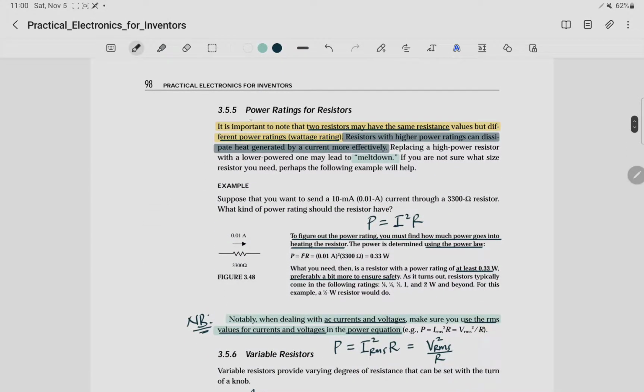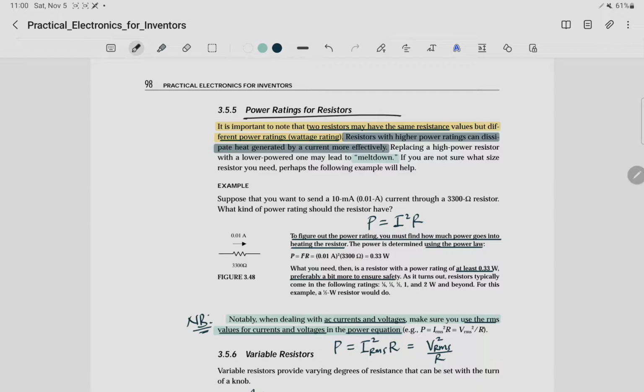Here now we're going to talk about the power ratings for the resistor. It's important to note that you can have two resistors of the same values and yet they have different power ratings. What is the importance of the power rating? When you have a resistor of a higher power rating, it's capable of dissipating the heat generated by the current more effectively as compared to one with a lower power rating.